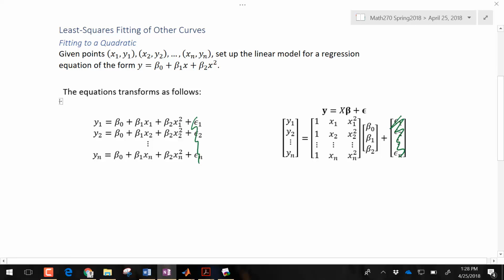You have x's that are being squared, but those are x values that you get to put in yourself. And so our y, our observed vector, is going to be equal to our design matrix. That's going to be a list of ones, then the original x's and the x's that are being squared, times the coefficients, the betas, b naught, b1, and b2.